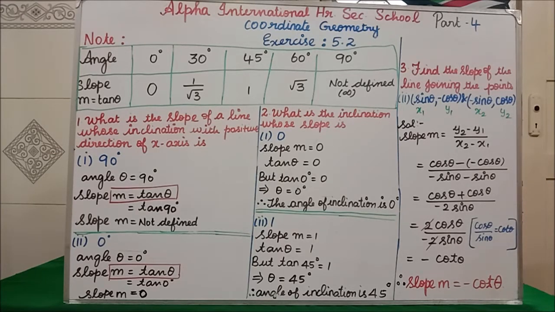In trigonometry you have one formula: cos theta divided by sin theta is cot theta, C-O-T theta. Clear? So the answer is minus cot theta. Therefore, slope m is equal to minus cot theta is our answer.